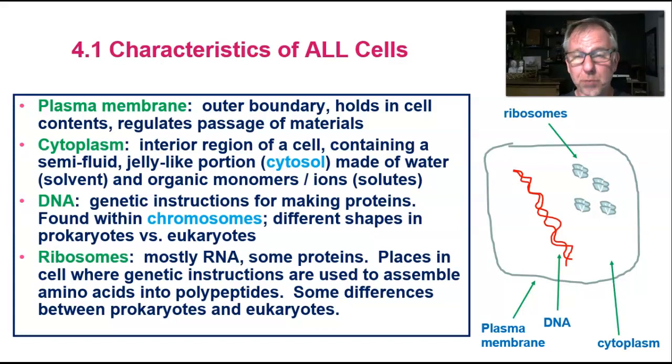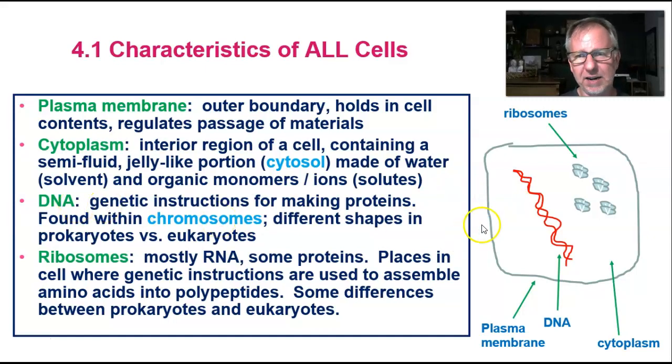Okay, so chapter 3, organic monomers: sugars, amino acids, nucleotides, parts of lipids, glycerols, fatty acids. Those are all in there in the cytosol. And also ions like sodium, potassium, magnesium, iron, calcium. They're all in there. They're all part of that cytosol in the cytoplasm, the liquidy part.